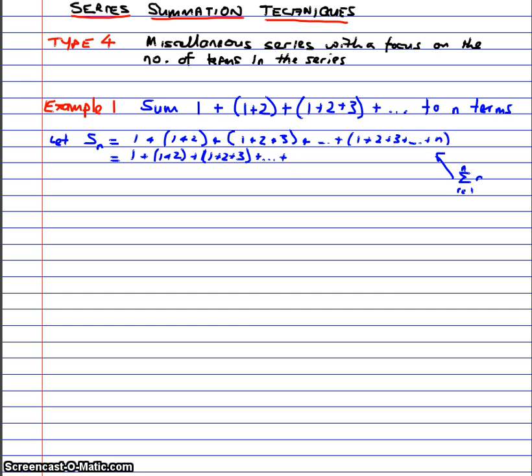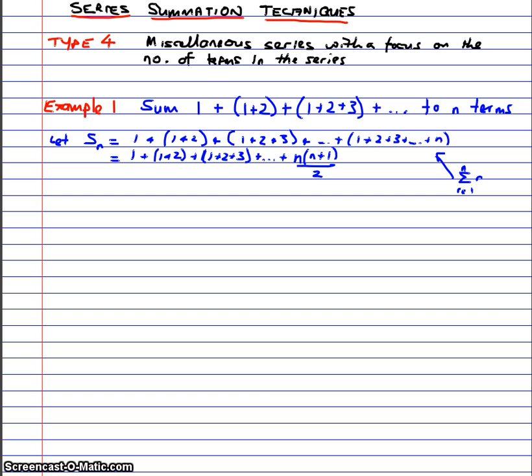Now it's this series, isn't it, of r from 1 to n, and we know that that's on our information sheet, and with enough practice you'll know that that can be written as n times n plus 1 over 2. So that's our nth term there.